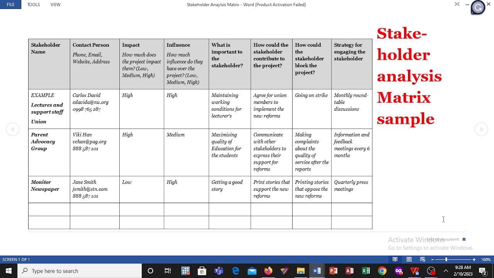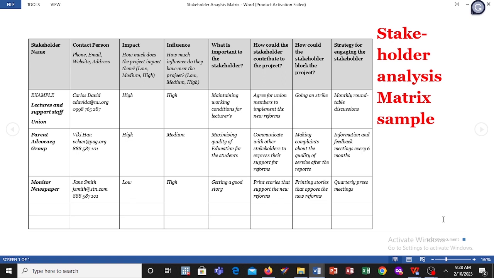or school. What is important to the stakeholder? You have to find out so that you know how you could possibly engage them. Maintaining working conditions for the lecturers and the support staff. Good working conditions are important to them if you have staff.